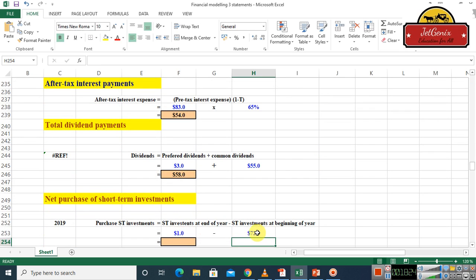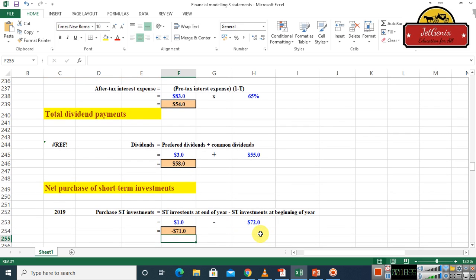Now we are going to subtract this amount from this one, so just type equal, select this one minus this one, and press enter. The amount you can see is a negative figure. And why is it negative?